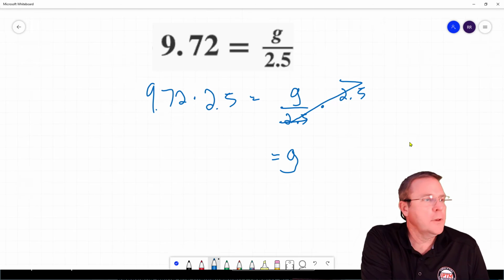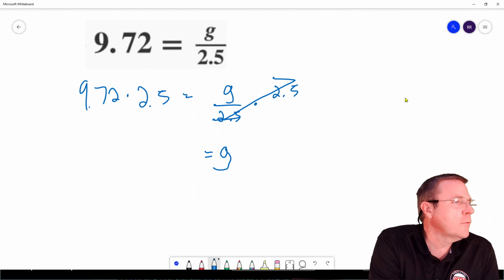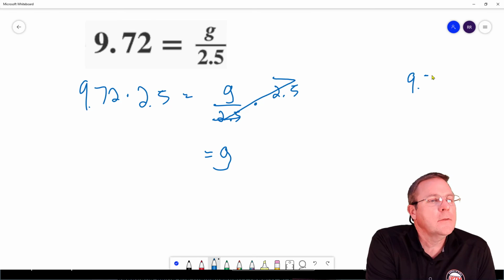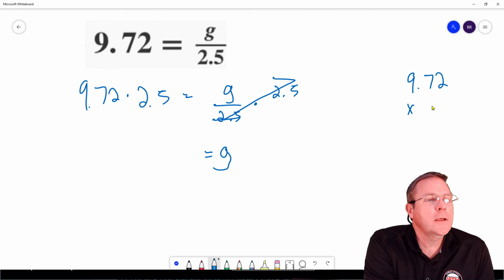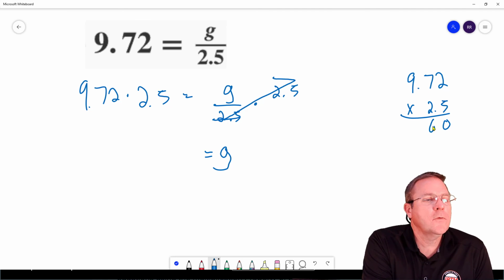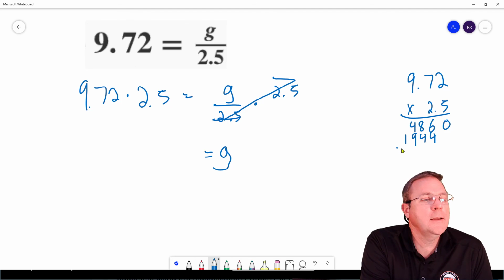And then over on the left-hand side, we're going to have that grunt work of the 9 72/100 times the 2 5/10. 5 times 2 is 10. 5 times 7 is 35. Plus 1 is 36. 5 times 9 is 45. Plus 3 is going to be 48. 2 times 2 is 4. 2 times 7 is 14. 2 times 9 is 18, plus 1 is going to be 19.